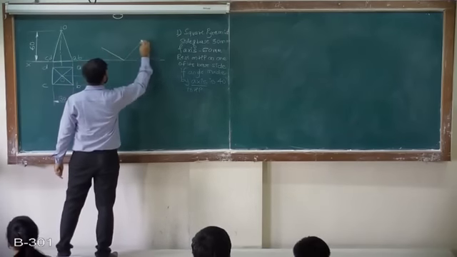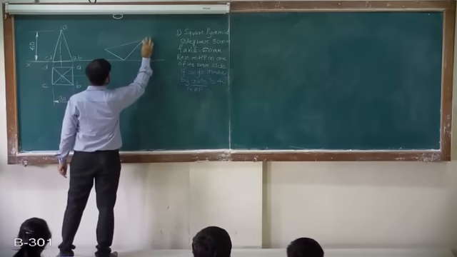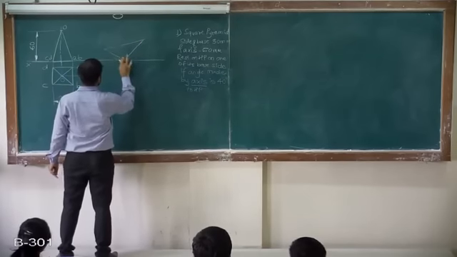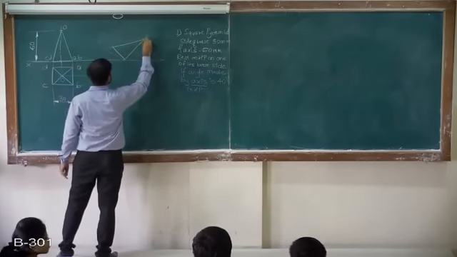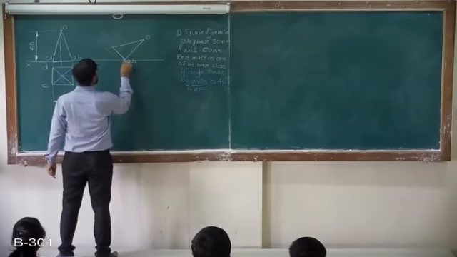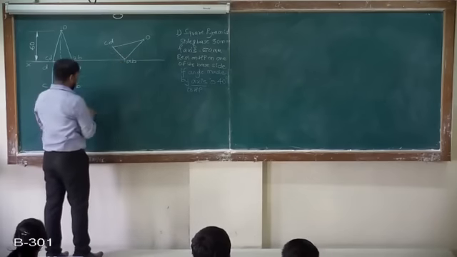If I draw this view as in the previous problem, this point is AB, this is CD. What is the axis?